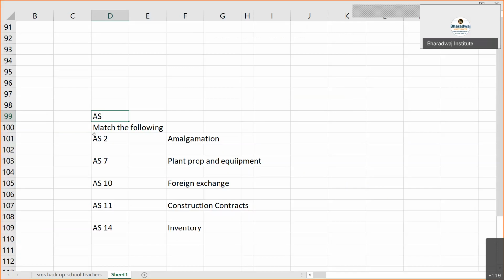For example, here AS2 means inventory, AS7 is construction contracts, AS10 is plant, property and equipment, AS11 talks about foreign exchange, AS14 talks about amalgamation, like that. You should just remember the accounting standard and name to get that 5 mark score. Okay, this is one type.